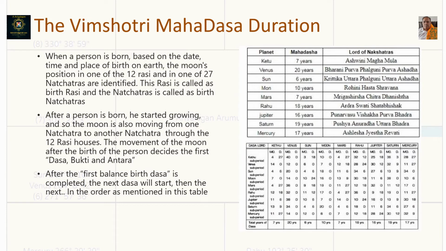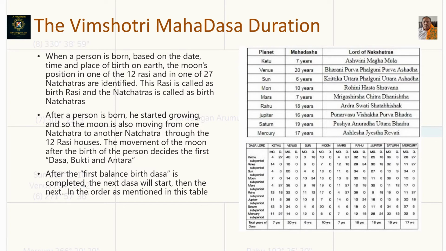Then comes the Vimshottari Dasha. To find out when an event will happen, we have to focus on this Vimshottari Dasha. There are several types of Dasha calculations, but KP astrology uses only Vimshottari Dasha, so I am explaining only this one. That is enough for us to know.